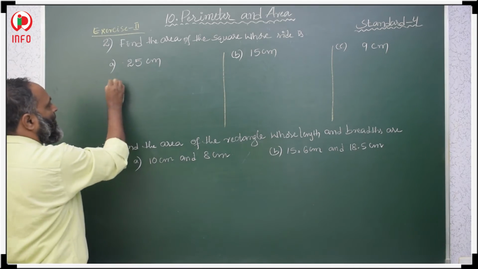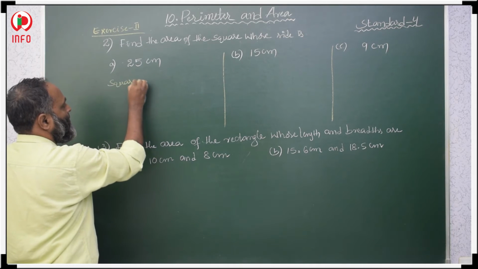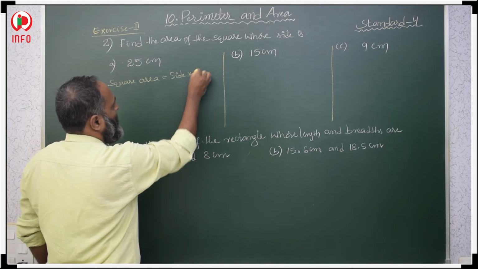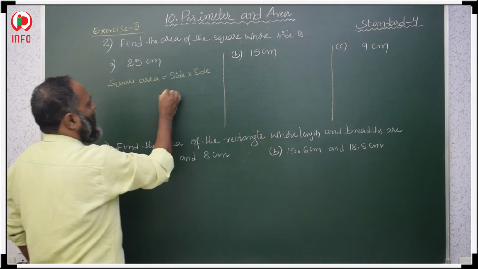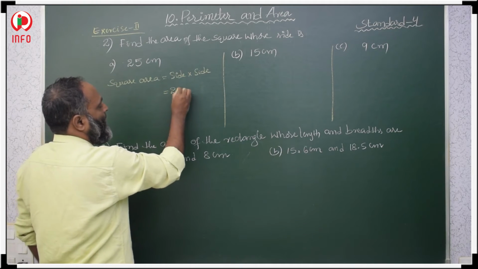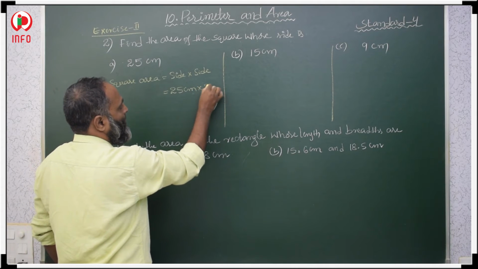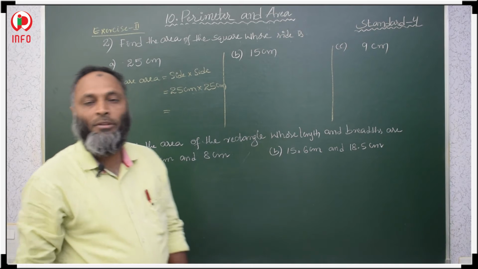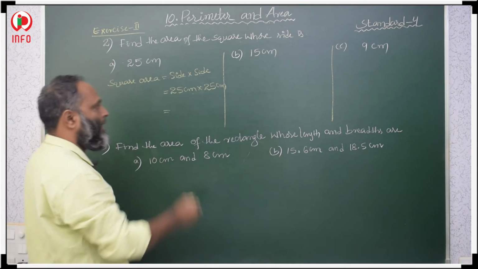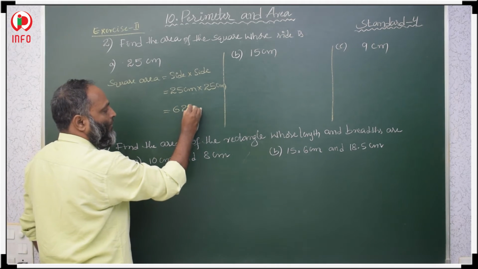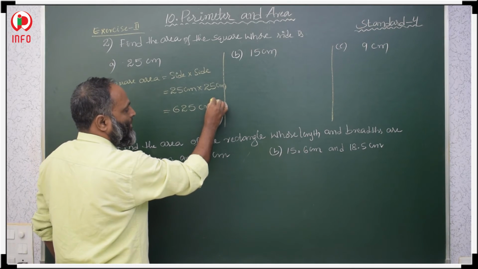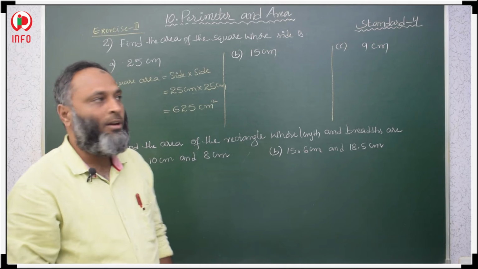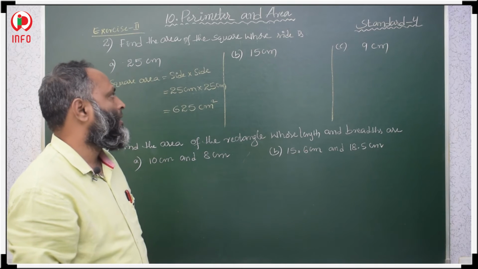So here square area is equal to side into side. Given side, what is the side here? 25 centimeters, multiply with 25 centimeters. If you multiply 25 with 25, the answer you will get is 625 square centimeters. So this is the area of a square with side 25 centimeters.